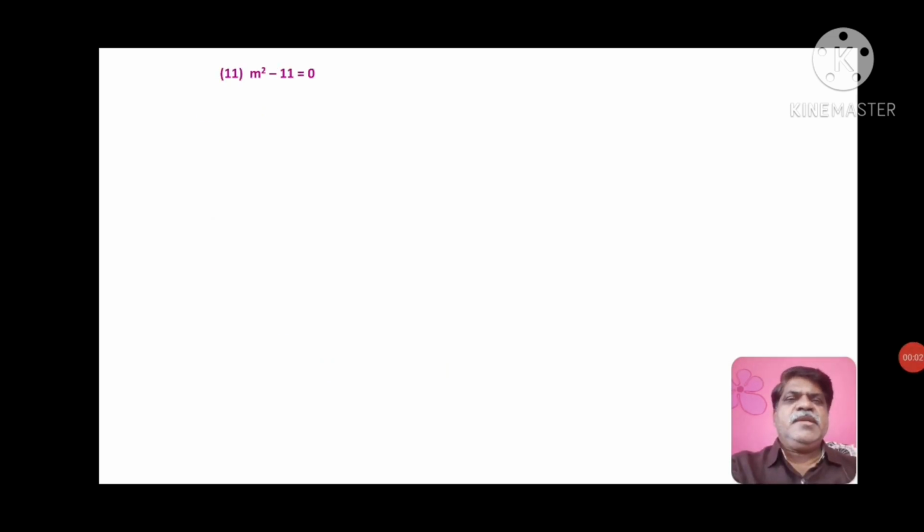Now, we will see the problem number 11, that is m square minus 11 is equal to 0. So, we will see the solution. m square minus 11 is equal to 0. Therefore, we can write m square is equal to 11. 11 brought to the right hand side. Now, by taking square root on both sides, you are getting m is equal to plus or minus under root 11.